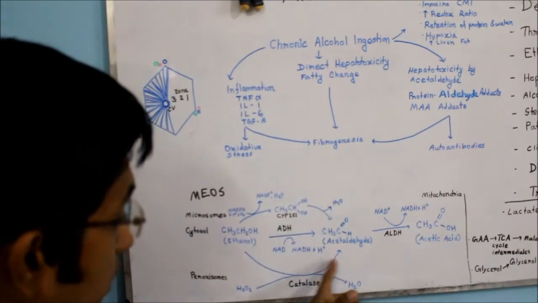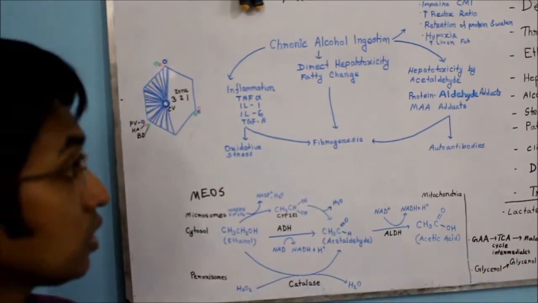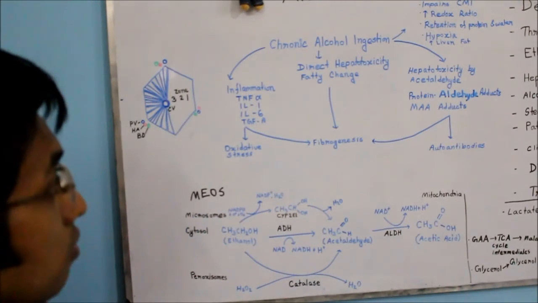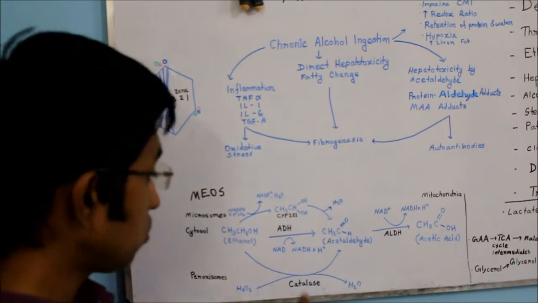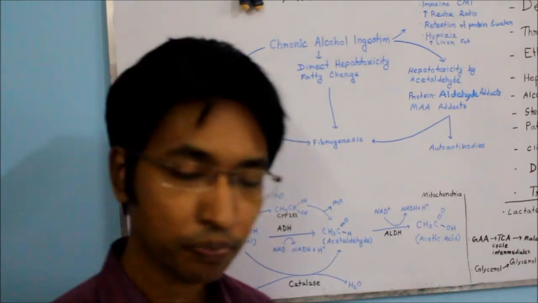This acetaldehyde is important for exerting the hepatotoxicity that we see in alcoholic liver disease. So this is one of the major culprits that can cause liver damage.